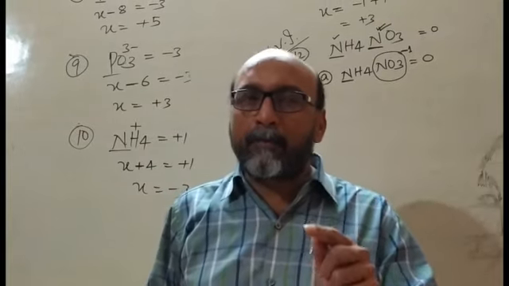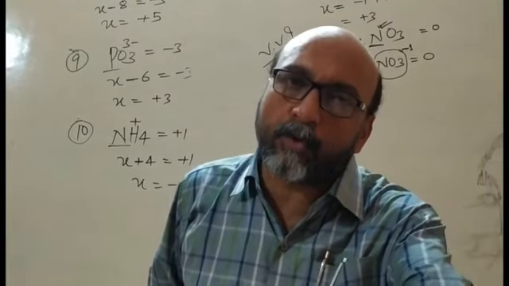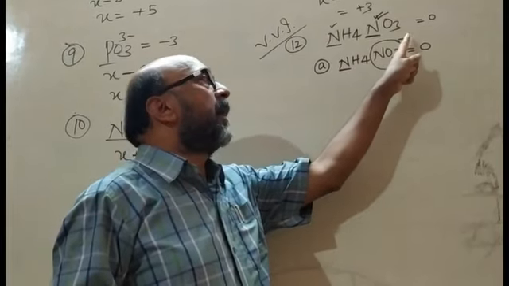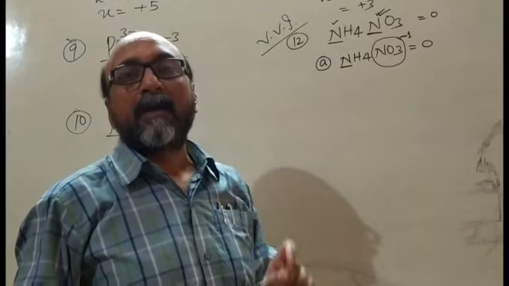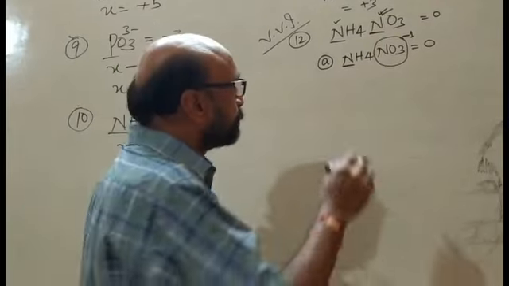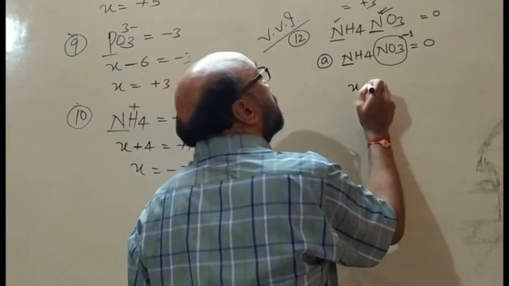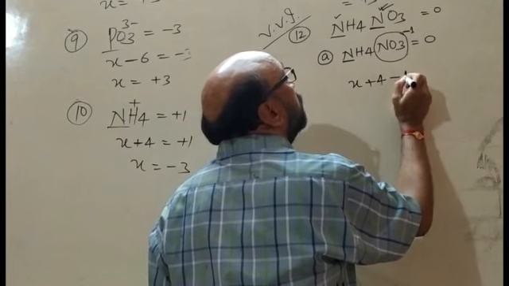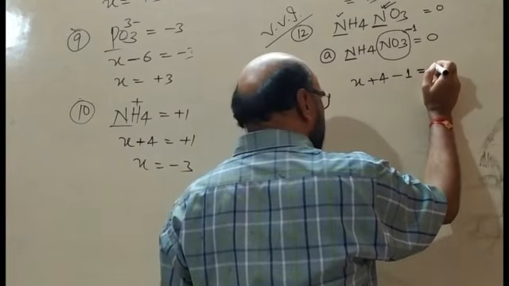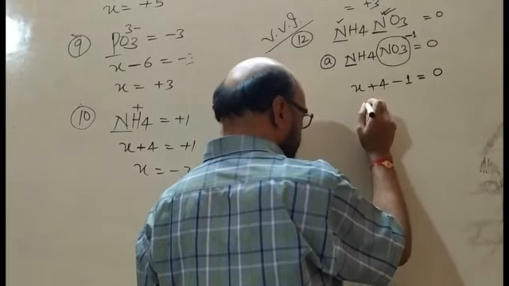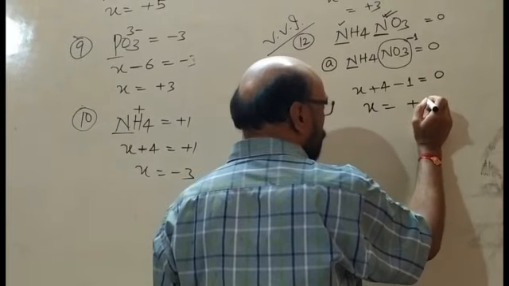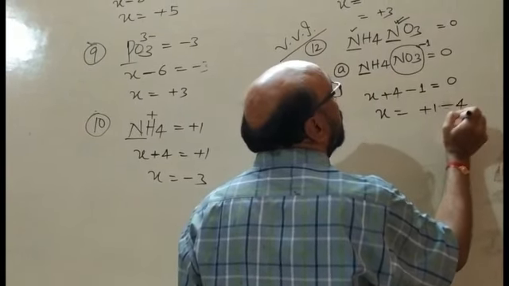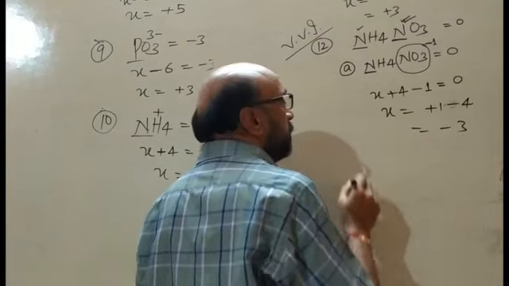That we shall remember from the 10th rule, in which I have provided NO3 having charge -1, called nitrate ion. The nitrogen is X, hydrogen is +1 into 4, plus 4, and NO3 as a whole has charge -1, equal to 0. So 2X is equal to +1 minus 4, that is -3.